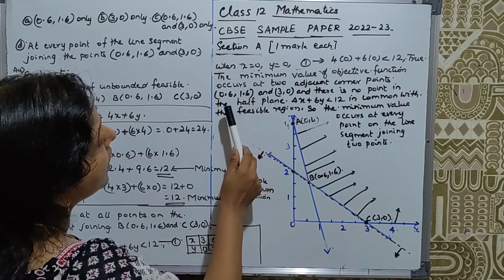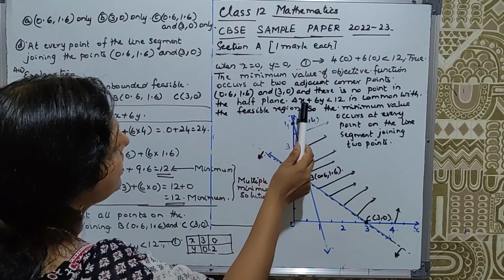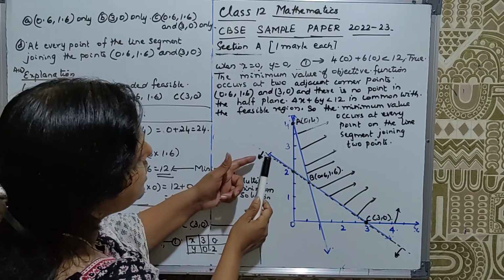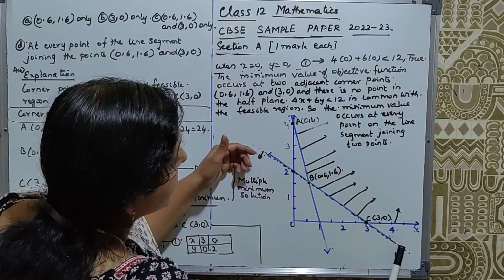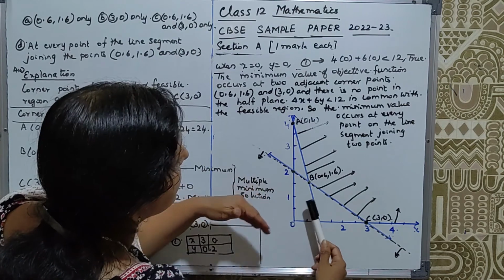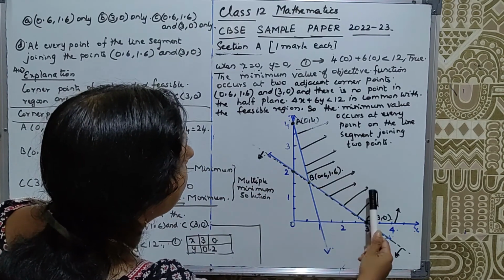And there is no point in the half plane 4x plus 6y less than 12 in common with the feasible region. These dotted regions, the common point is towards the origin, which is not common with the unbounded feasible region.